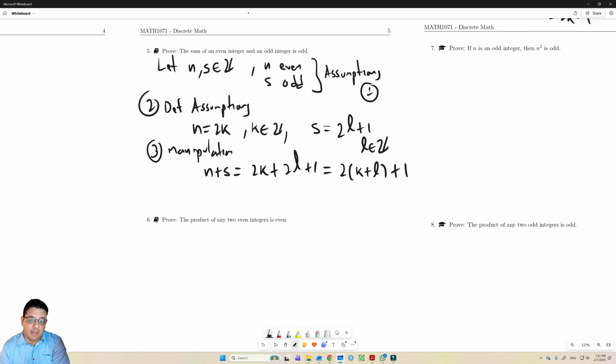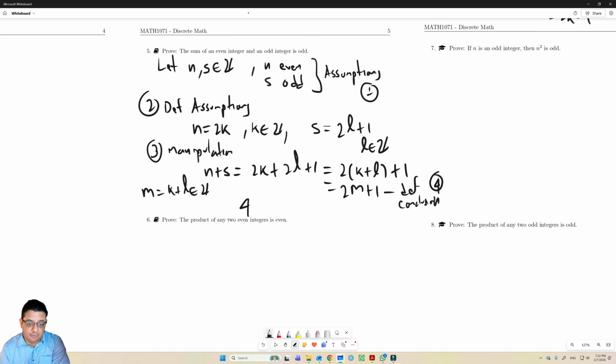Since both k and l are integers, let's say I'm going to call m equal to k plus l. This is also an integer, and so I can see that it has the shape 2m plus 1. This is the definition of the conclusion, which is my step 4.